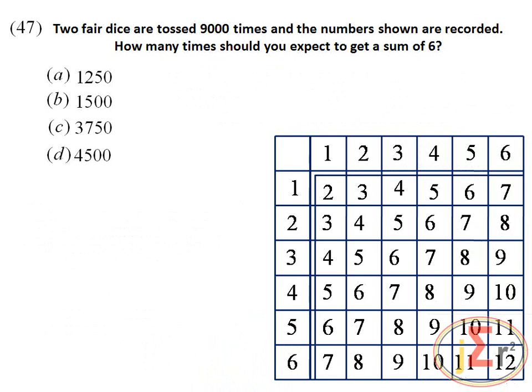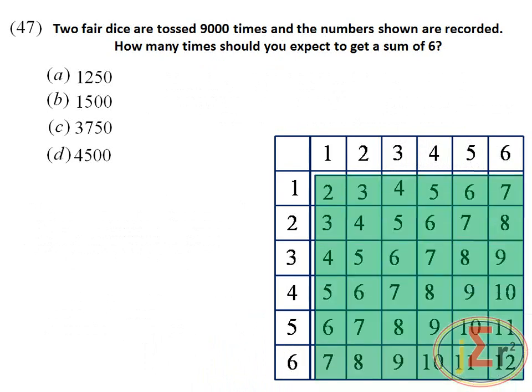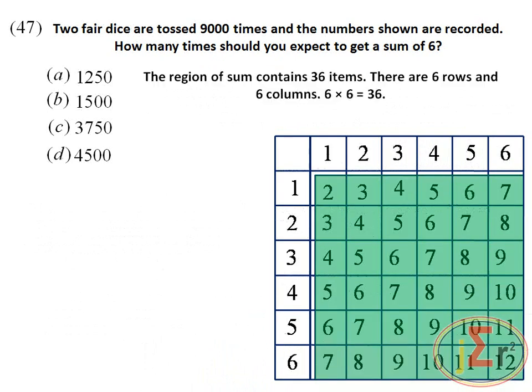There is the region that we are concerned with, because after completing the table, one candidate might be confused or might just be in a hurry and use the entire table and find all of the 6's. We have highlighted the possible sums or all the possibilities with that green rectangle.